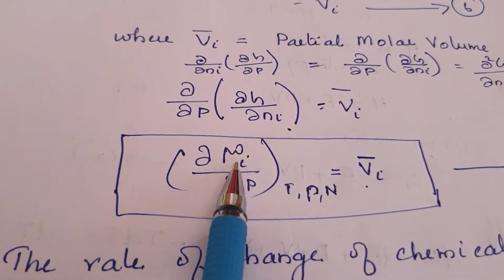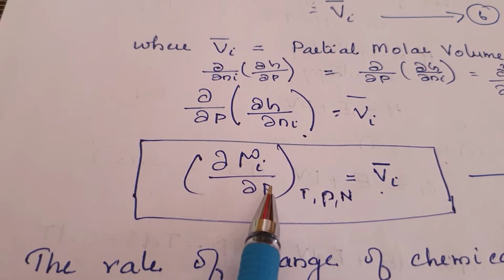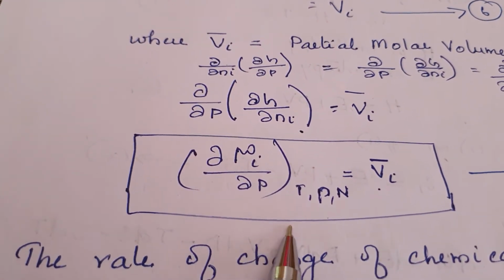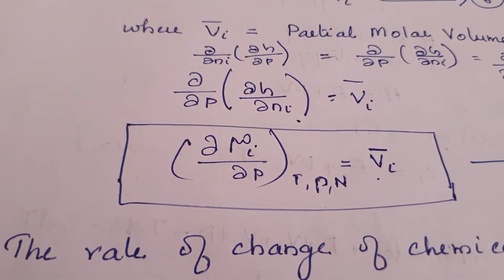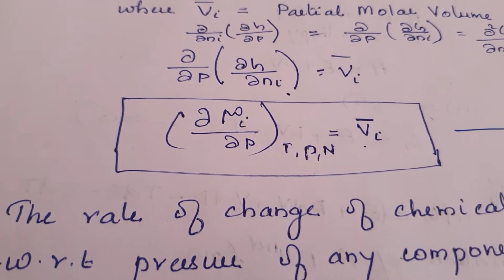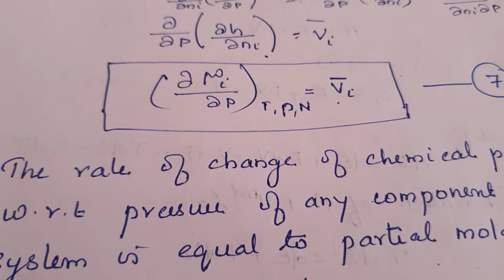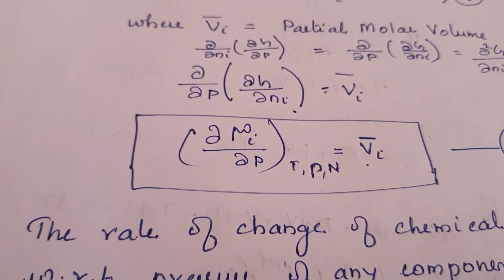Or, the rate of change of chemical potential with respect to pressure at constant temperature and number of moles of any one component of the system is equal to the partial molar volume of that component. So that is the one you have to remember.